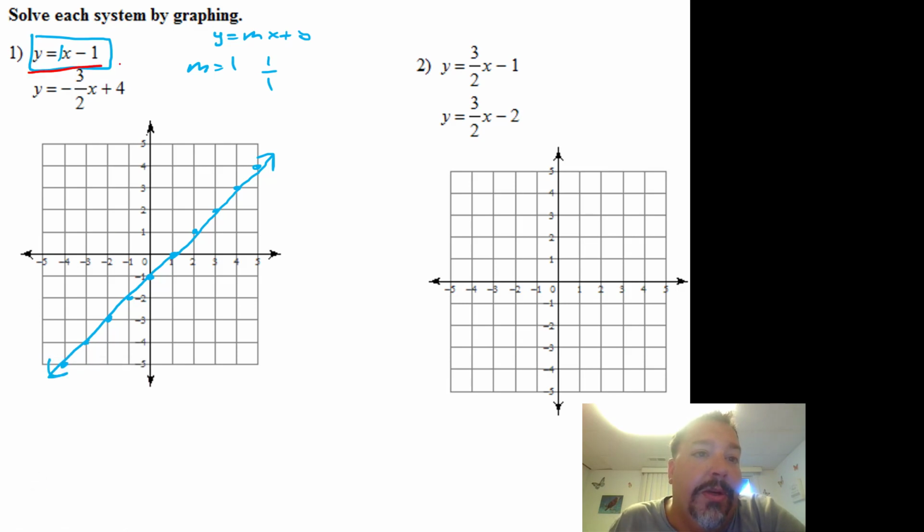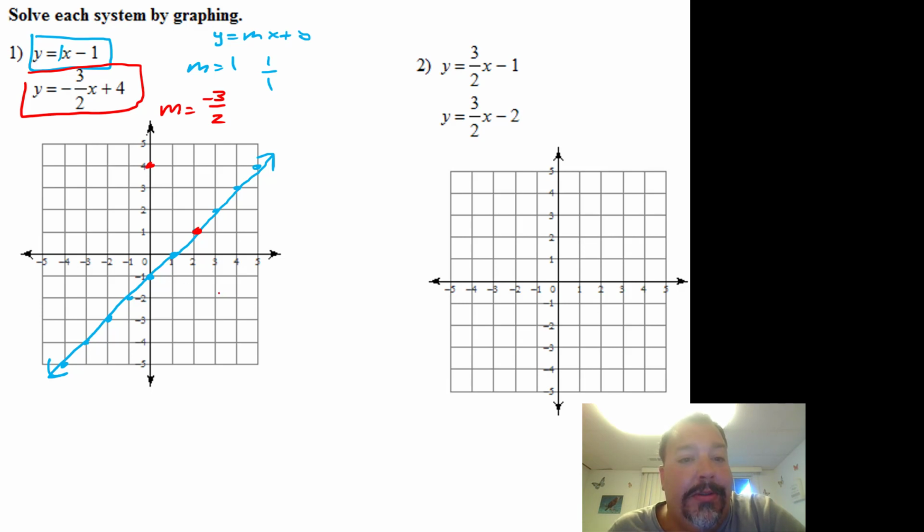We'll color code this one red. The red equation has a y-intercept up at 4, and the slope here is -3/2. So let's put the -3 on the top and the 2 on the bottom. That's going to tell us to go down 3 over 2. And bam, we've got our intersection point right there.